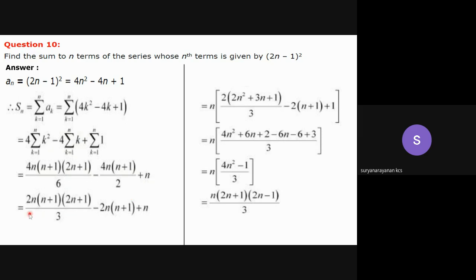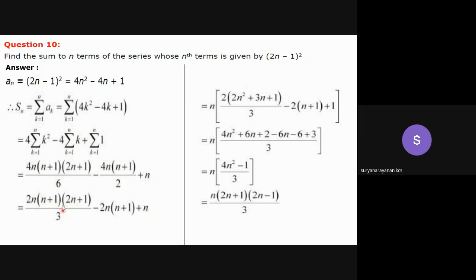Okay, right. That is equal to, here 2 times 2 is 4, 3 times. So finally we get 2n into n plus 1 into 2n plus 1 by 3, minus, here 2 1 times 2 is 2, and finally we get the second term as 2n into n plus 1, and we write the third term as it is, plus n.